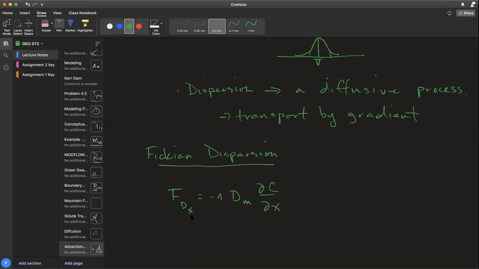The molar flux is equal to negative the porosity times Dm, times the concentration gradient, where Dm is the mechanical dispersion coefficient.